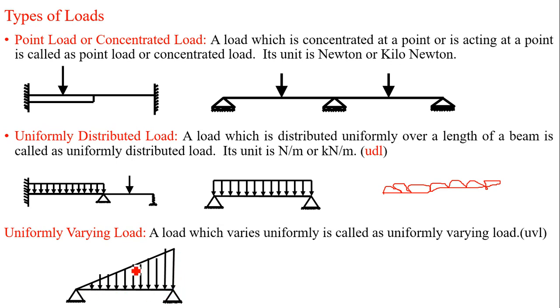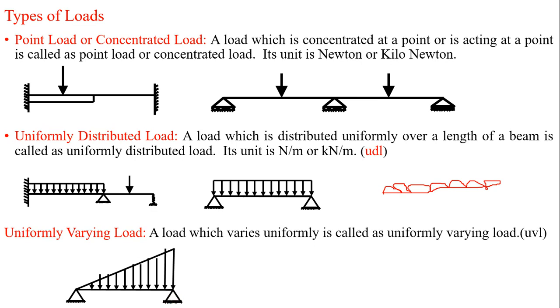So this type of load, where the load varies uniformly or linearly from one end to the other end, is called a uniformly varying load, or it is also called a triangular load.